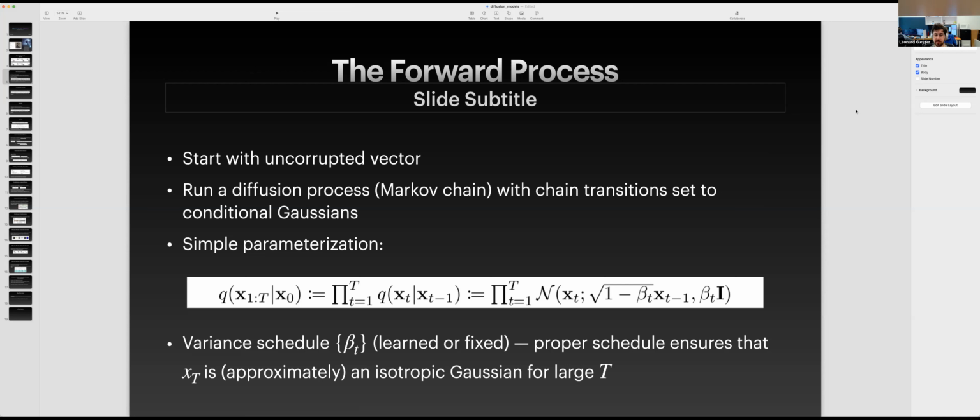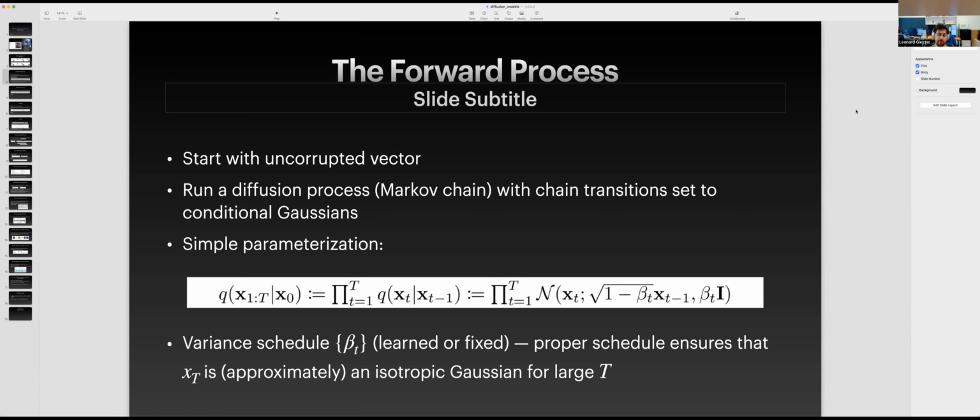In the case of these models, it is a discrete time Markov chain with the chain transitions being set to conditional Gaussians. And this lends itself to a simple parameterization because of the properties of Markov chains as a product of the transition kernels, which themselves are normally distributed.